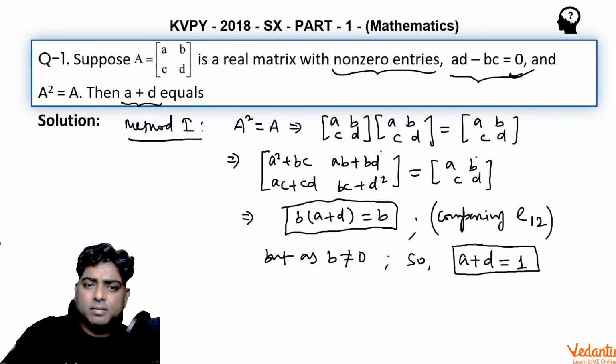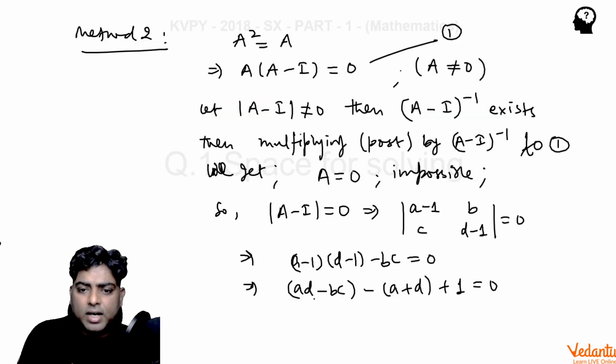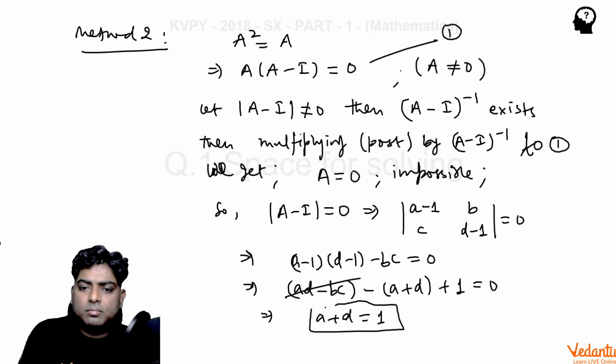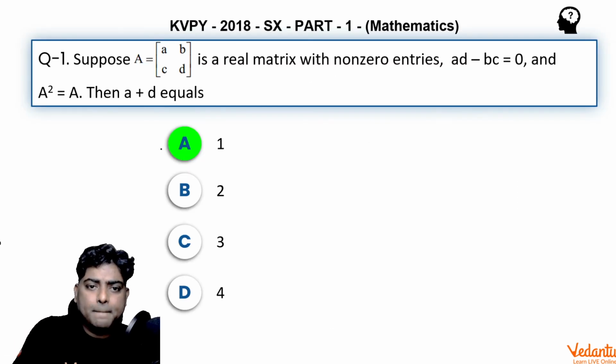So we got the answer by Method 1 as A plus D as 1. From Method 2 also, AD minus BC is 0, so this is cancelled, and here we got A plus D as 1. So again by Method 2 we got the same answer, A plus D to be 1. Finally the answer to this question is given in option number A.